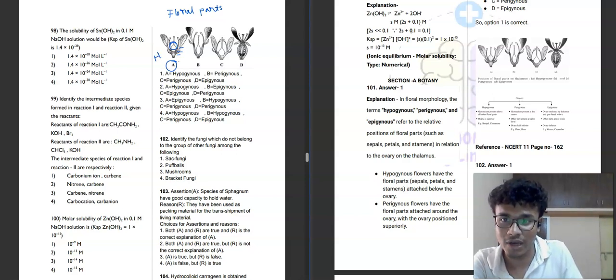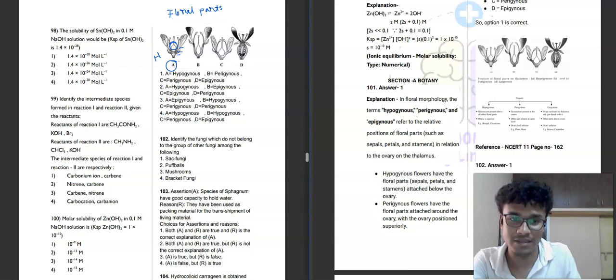Now the next, B, we are seeing that the flower has floral parts attached around the ovary, with the ovary positioned superiorly. So this is basically perigynous. C, the diagram is also the same. It is also perigynous, as we can see the floral parts attached around the ovary and the ovary positioned superiorly.